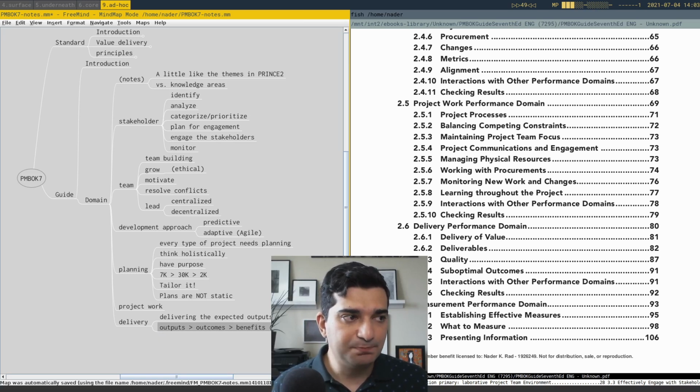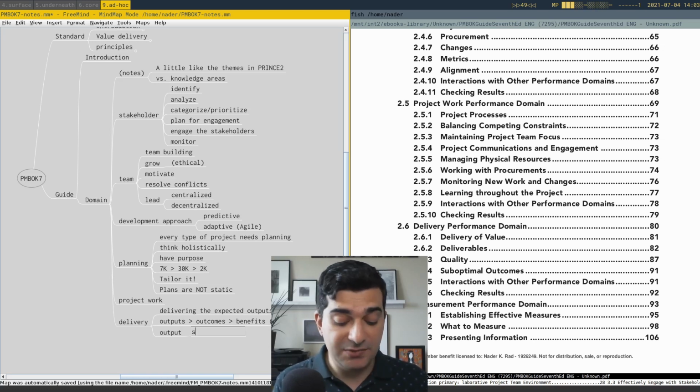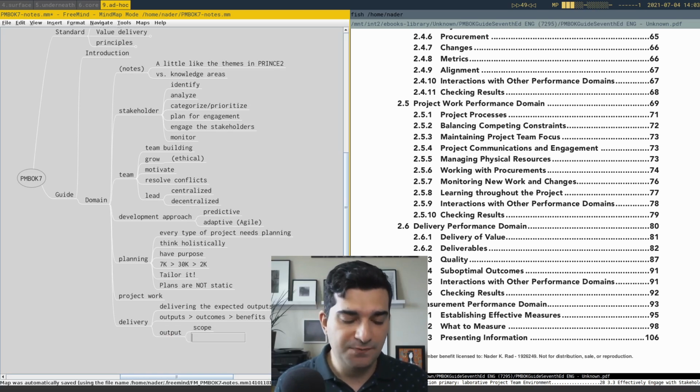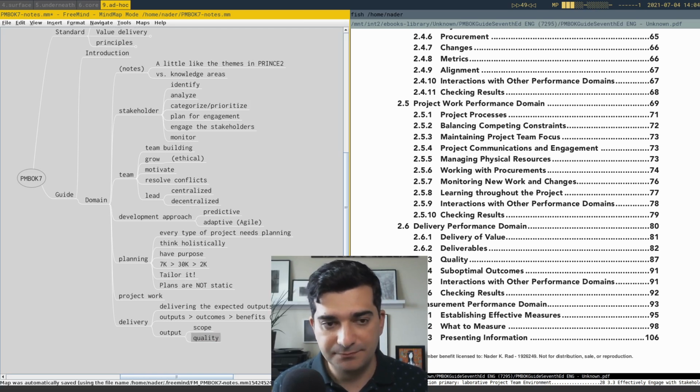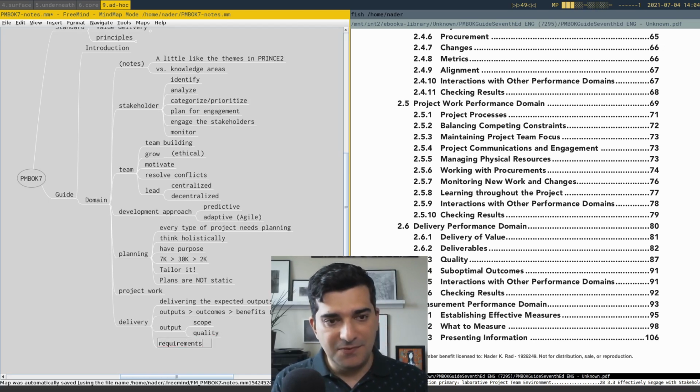We have to understand what creates the type of output that we have in mind. And when we think about it, for example, it covers both the scope of those outputs or deliverables, if you want to call it like that, and the quality of them. You have to take care of both of them. And in order to do that, we have to take care of requirements.